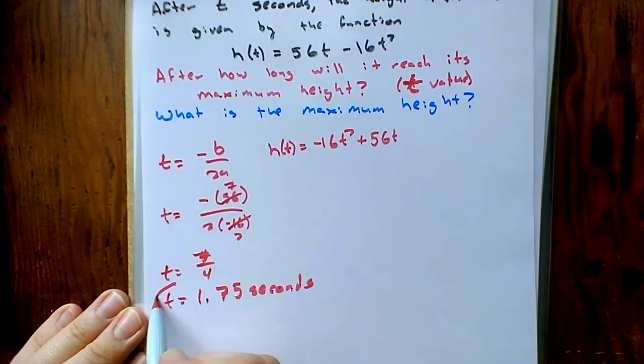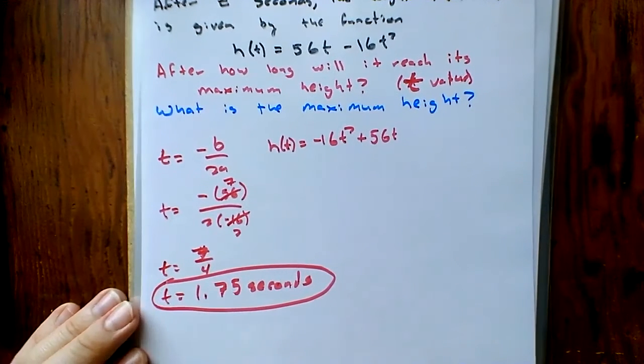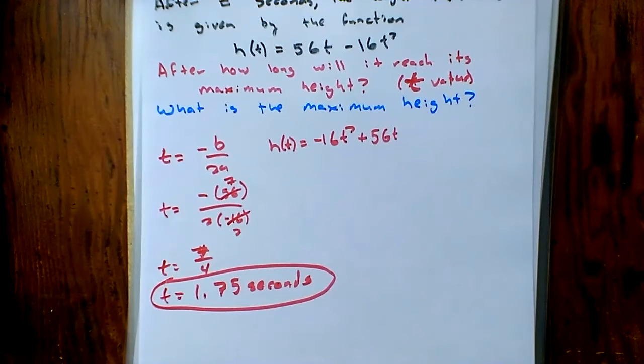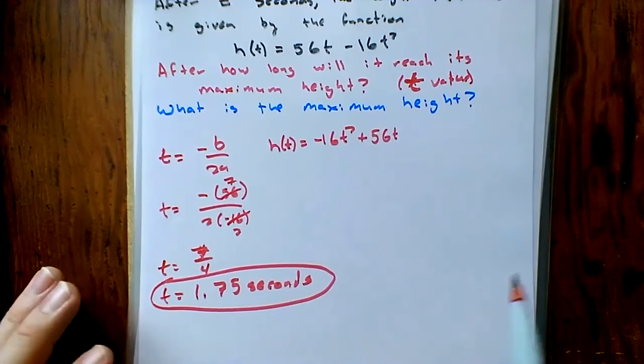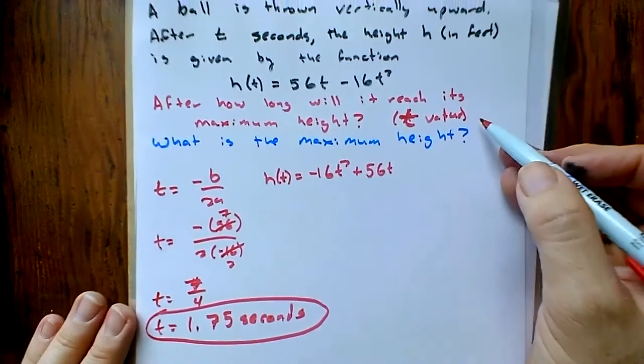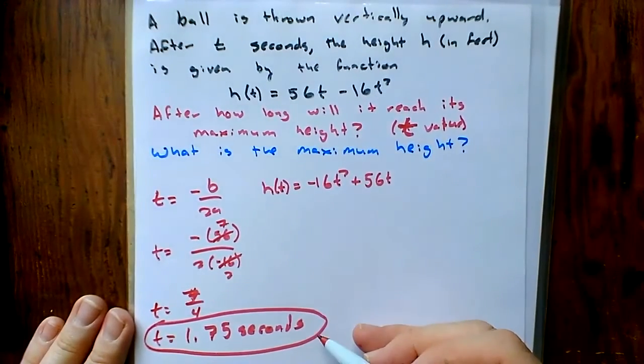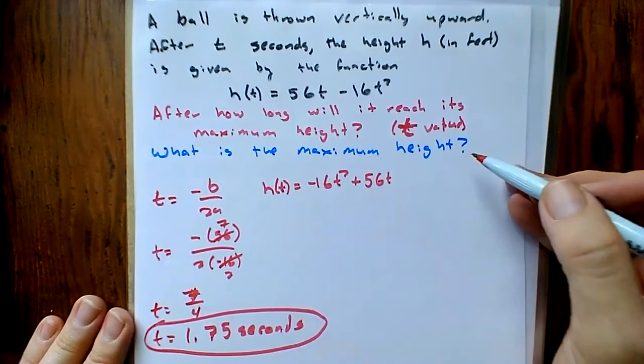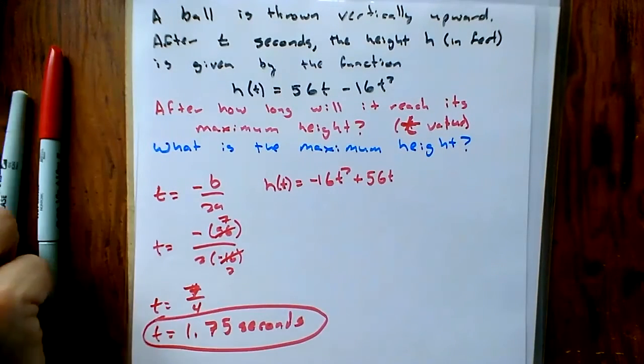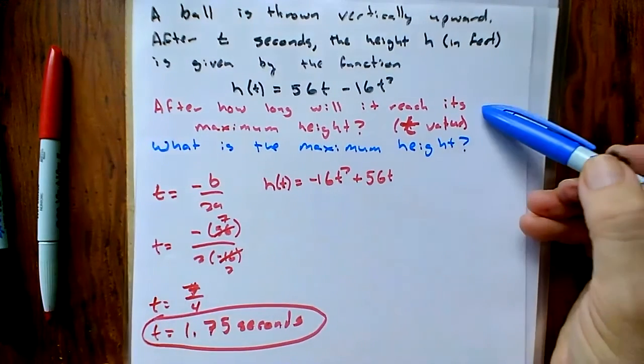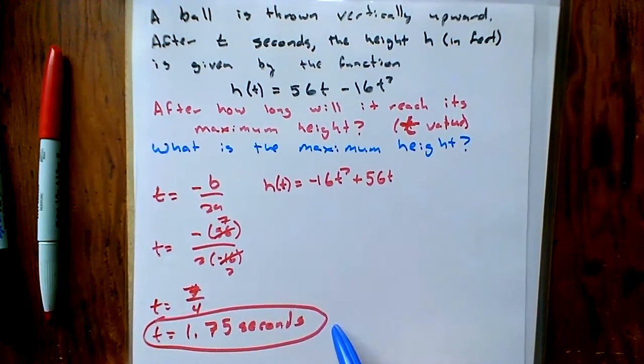So after 1.75 seconds, this is at its maximum height. If I were asked this first question, this is my answer. Now, if all we're asked for is time, we could stop right here.